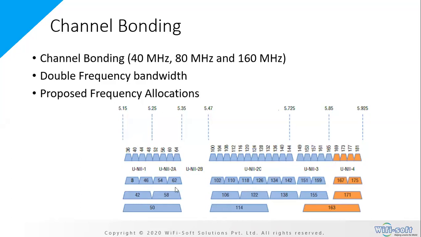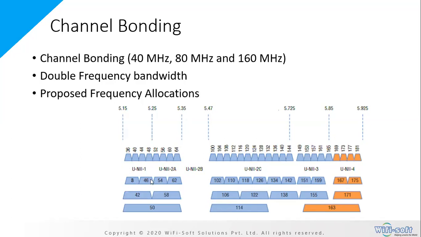What you can see here is that there is about a 200 megahertz band available on the lower 5 gigahertz band. If you divide the same band into 20 megahertz channels, you get 8 different channels to operate on. But you can also divide that into 40 megahertz channels.